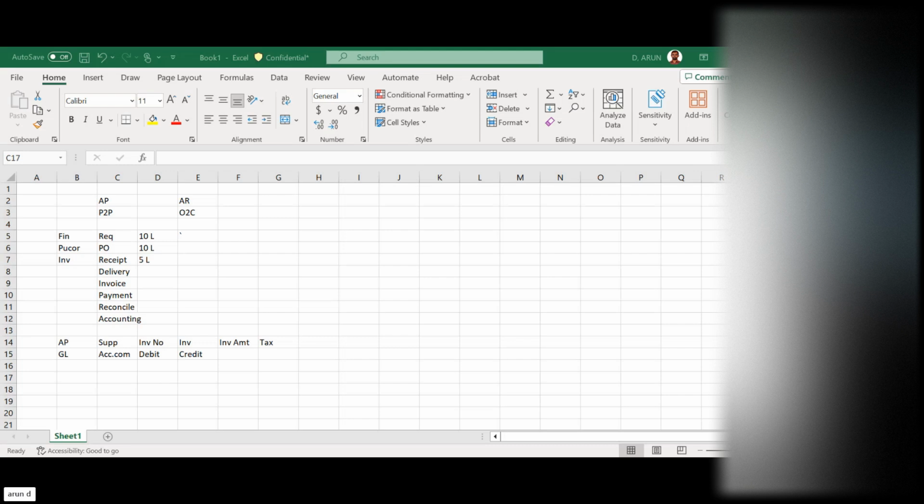Now why do we do this draft accounting process? It's just to verify whether the GL accounts are populating properly, because it's not certain that all the accounts we have set up are correct and in place.